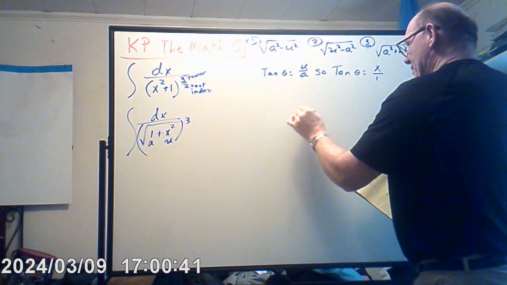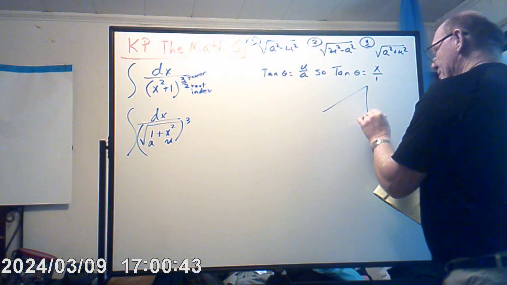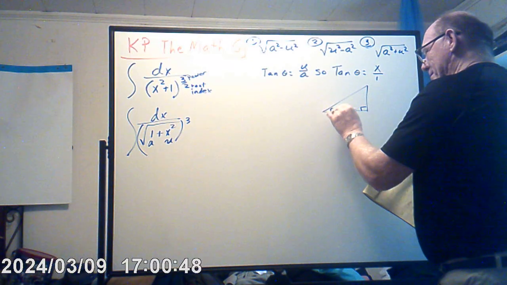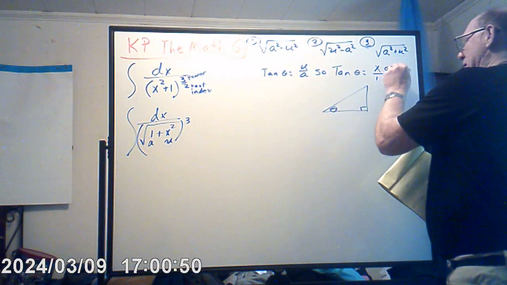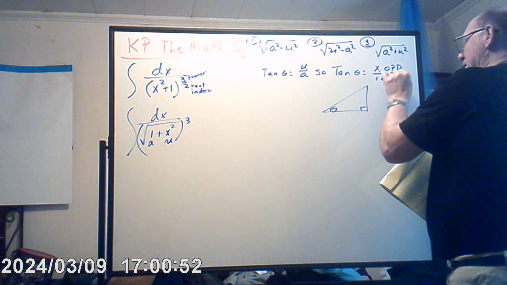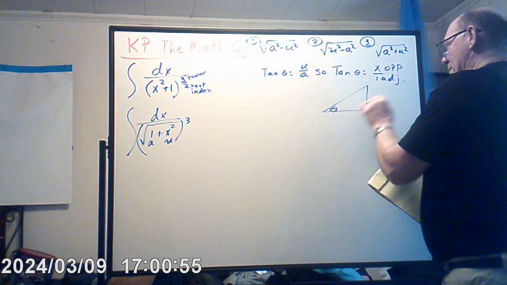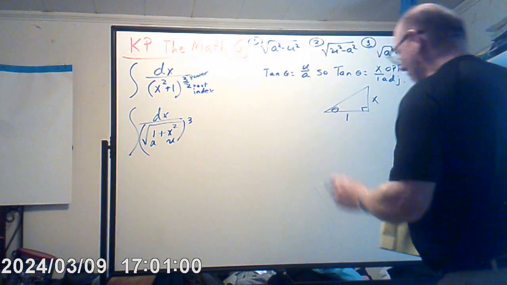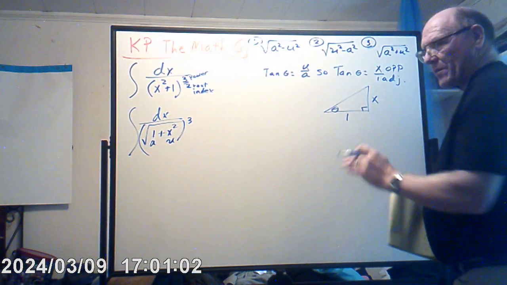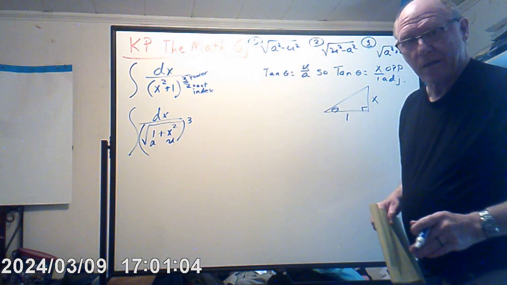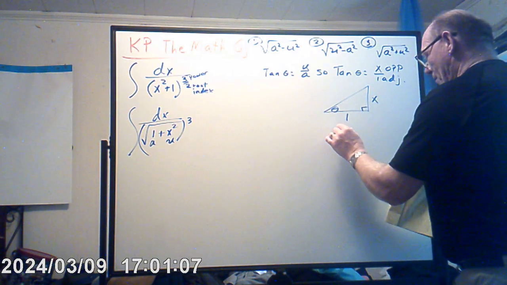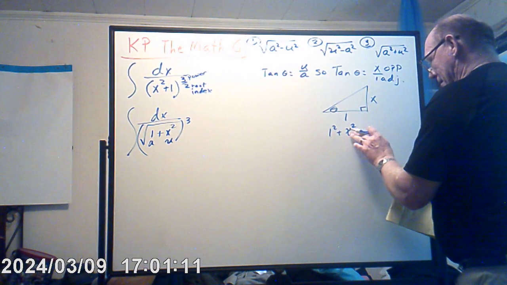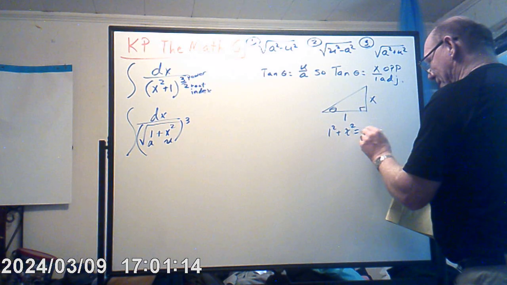If we set up the triangle on the side here, I'm going to try to make it big enough to see but small enough to do the rest of the problem. This is opposite over adjacent, so opposite is x and adjacent is 1. Then the Pythagorean formula: 1 squared plus x squared is c squared.